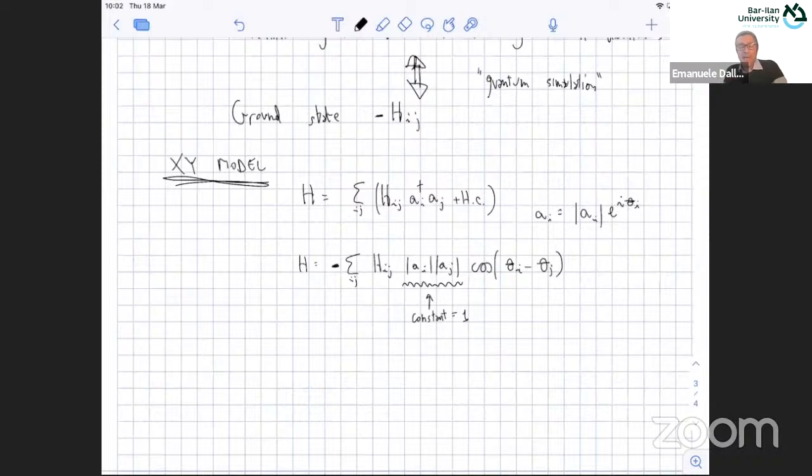In general, a spin can point in any direction. But if you assume that the spins are only on the XY plane, then you can describe it by one angle. So it's called the XY model because you have one angle per mode. That's, if you want, the definition of an XY model.